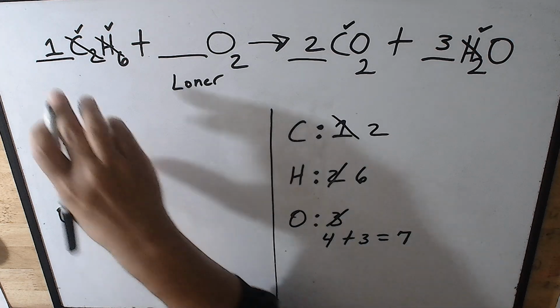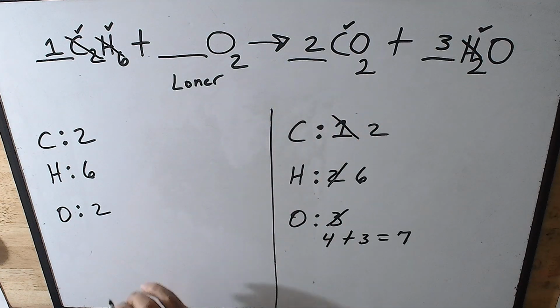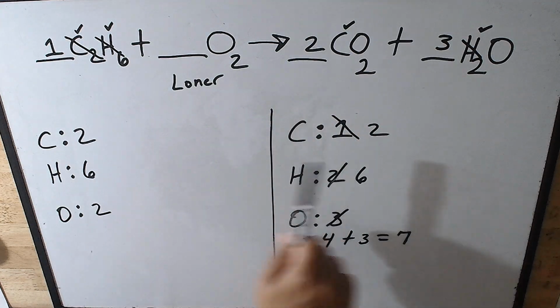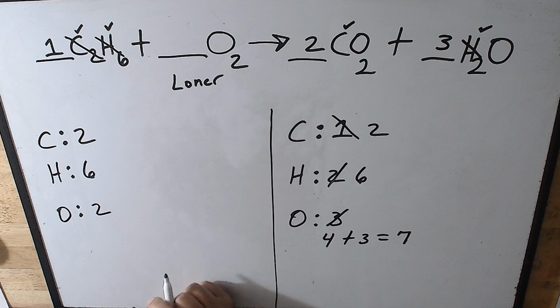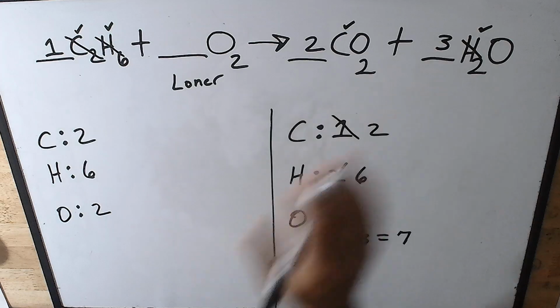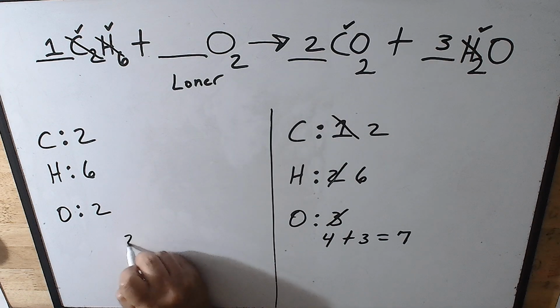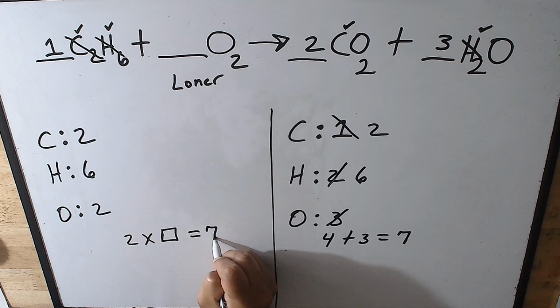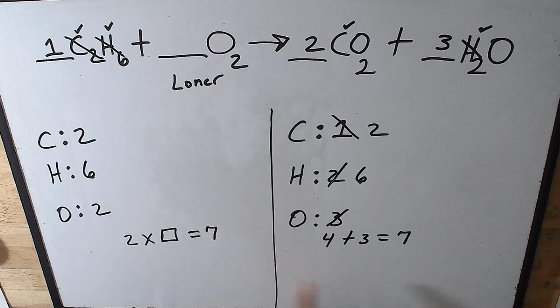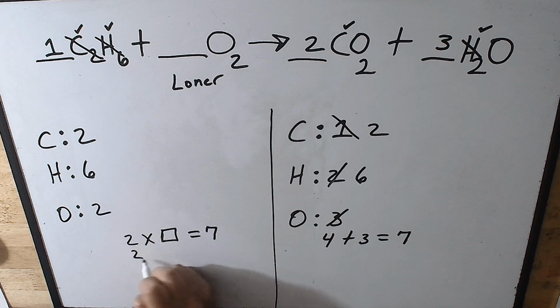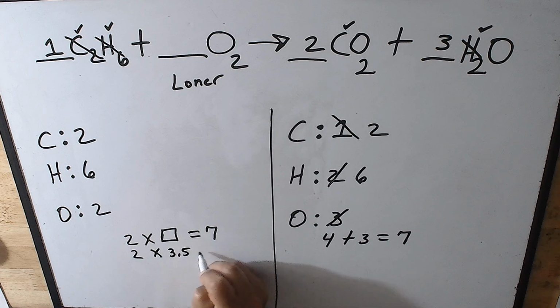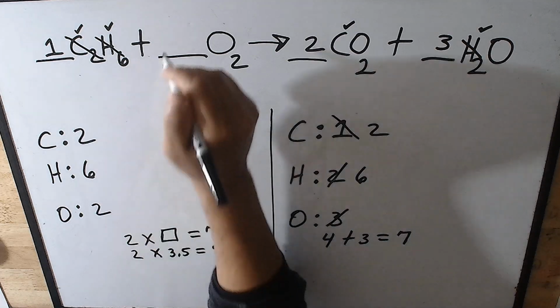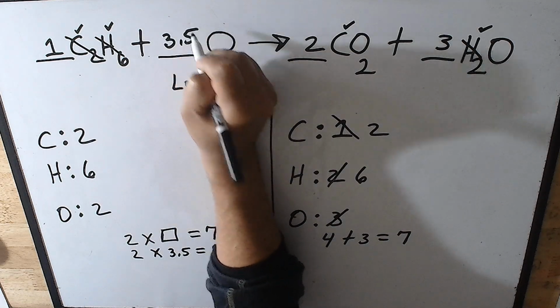So instead of messing with the coefficients, since the carbons and the hydrogens are balanced on both sides, I can use decimals to find out how to balance this chemical equation. So I can say 2 times what number gives me 7. And by the way, this 7, I'm getting it from over here. I'm just writing it over here temporarily. So 2 times 3.5 gives me 7. So I'm temporarily going to put 3.5 in here.